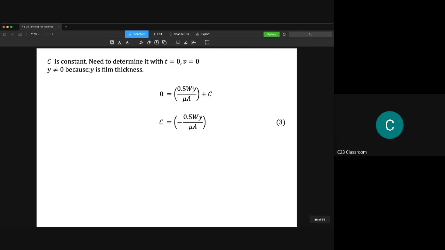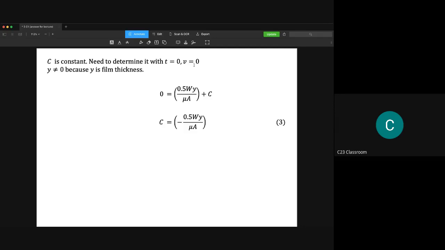And then c is the constant, and we need to determine the value of c. Our boundary condition is when t is equal to 0, v is equal to 0. That means at the very beginning, when t is 0, there is no velocity.